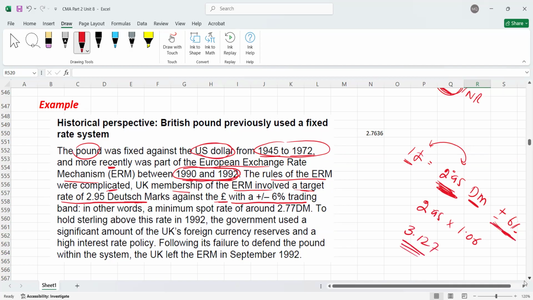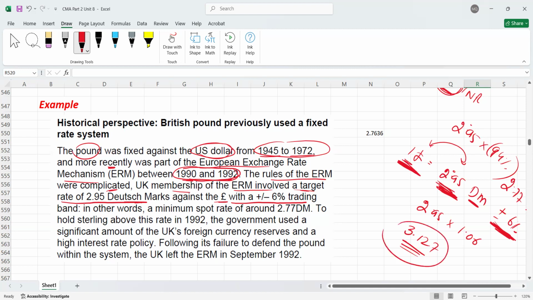Now take minus 6% from this rate. You can take 2.95 multiplied by 94%, and the minimum rate would be about 2.7. The fixed rate was £1 equals 2.95, but there was a narrow range to fluctuate, 6% plus or minus.